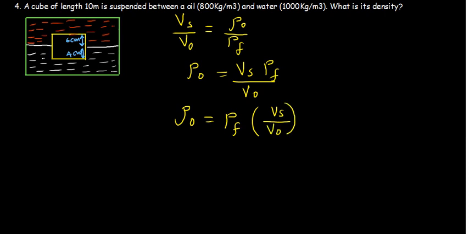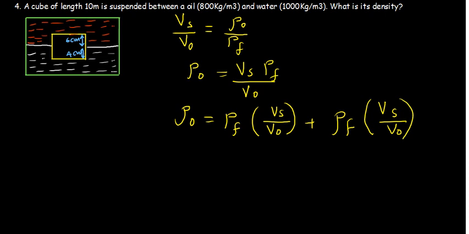Now because here it is suspended between two fluids, the density of the object is going to be the density of the fluid multiplied by the volume of the solid over the volume of the object, plus again the density of the other fluid multiplied by the volume of the solid over the volume of the object. Now we don't know the volumes here. All we know are the heights.